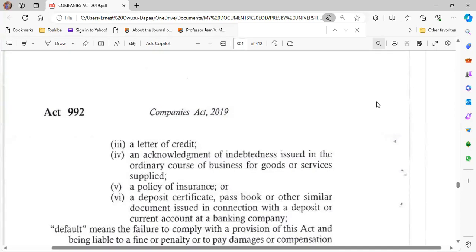Now, on the face of it, that looks like a debt arrangement, but the law is saying that it is not the type of debt which will count as a debenture for purposes of corporate finance.